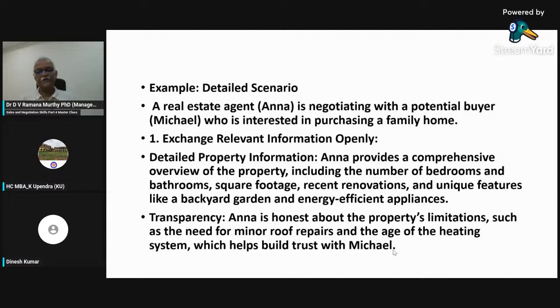So, how do you proceed on the phase called exchange relevant information openly? First aspect is detailed property information.